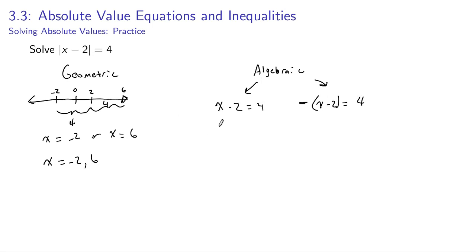Those are the 2 possible choices. So multiplying by the negative will give us 4. And this will become important with inequalities. So here we have x is 6, or we multiply by negative 1, and then adding to 2, x is minus 2. And we have the same answer.